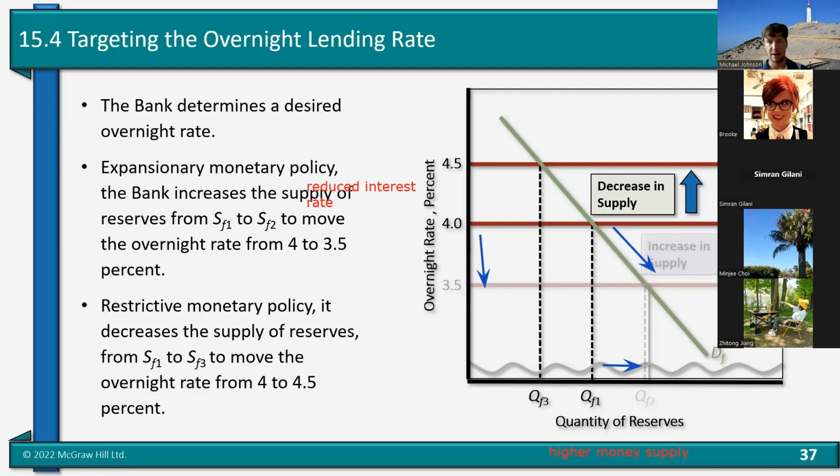Restrictive monetary policy: it decreases the supply of reserves from SF1 to SF3 to move the overnight rate from 4 to 4.5%. So in this case, an increase in interest rate, lower money supply.